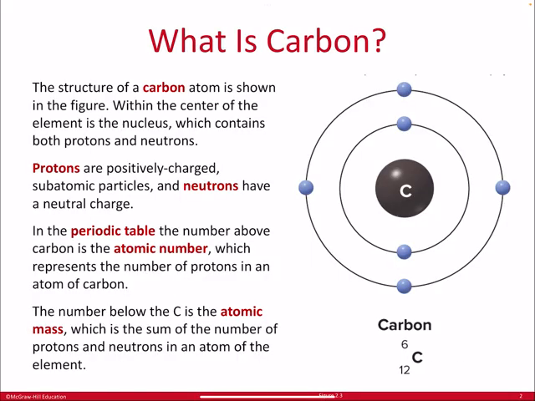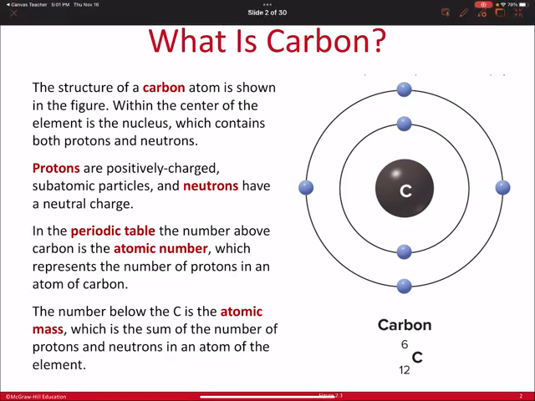Well, carbon, of course, is an atom. The structure of this carbon atom is shown here, and we can see that carbon has a nucleus, and inside this nucleus are protons and neutrons. Carbon has electrons orbiting it.